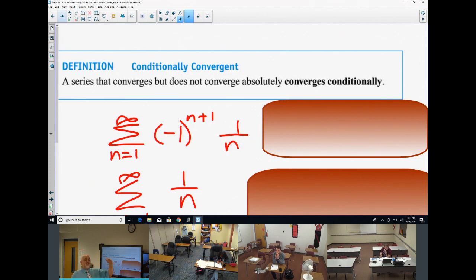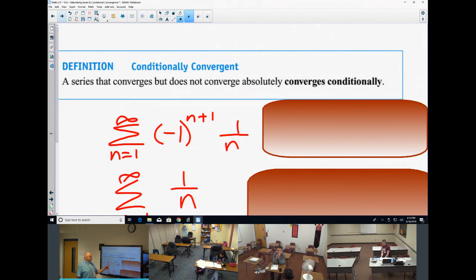If a series converges absolutely, then it converges in general. But if a series converges in general, that does not mean necessarily that it converges absolutely. It doesn't go back the other way. So, if a series converges but not absolutely, then it converges conditionally. The one that I think of in my brain is this alternating series.